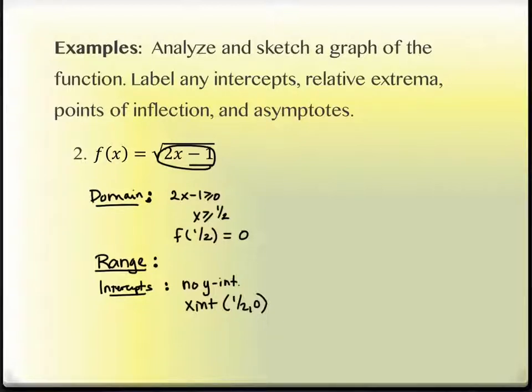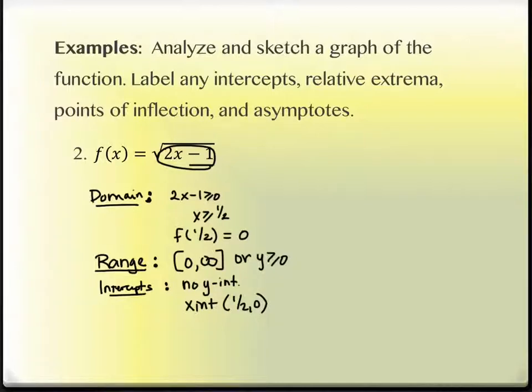These are principal square roots. We don't put plus or minus on things when the square root is given. So my range is 0 to infinity, or y is greater than or equal to 0. I'm strictly going to be above the x-axis as well. Everybody good with that?